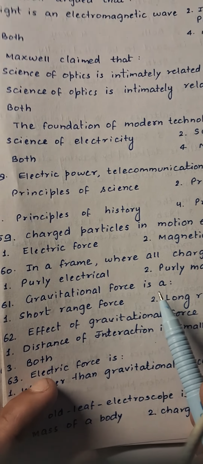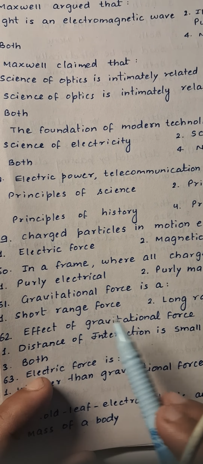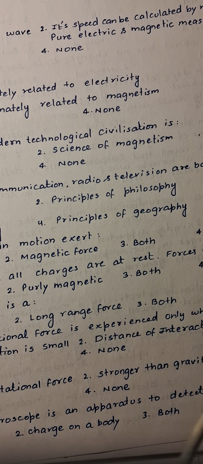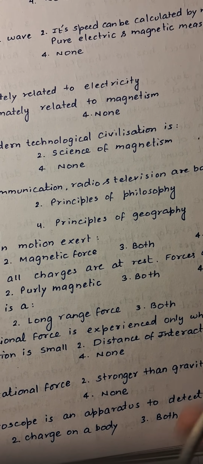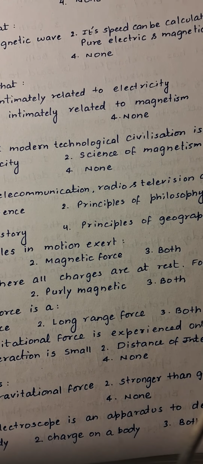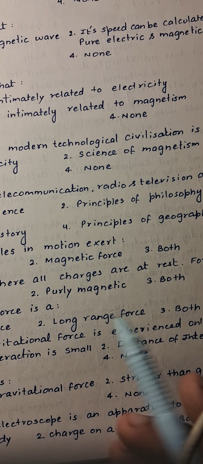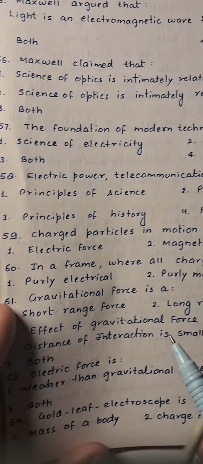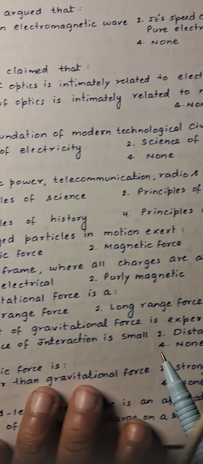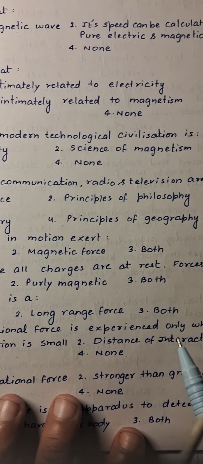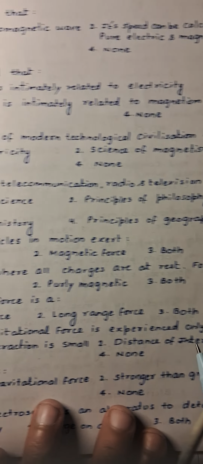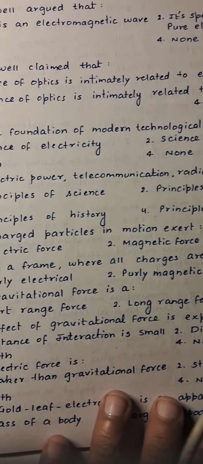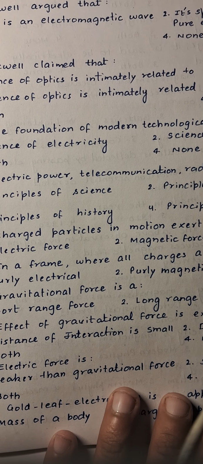Next is gravitational force. First option is short range force, then is a long range force, then both and none. Then third is not correct because gravitational force is not a short range force. So first option is wrong, it is a long range force. It exists in the entire universe. So second one is correct over here. Next is effect of gravitational force is experienced only when distance of interaction is small, or distance of interaction is large, both or none.